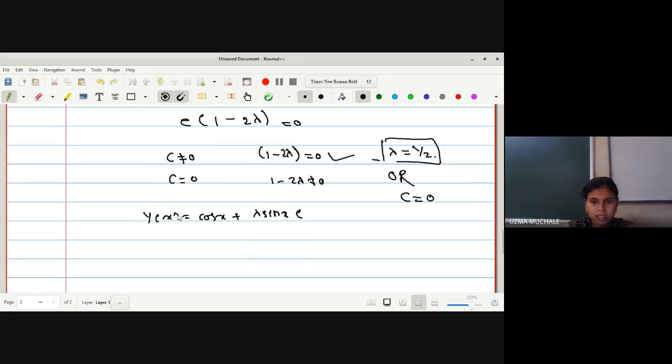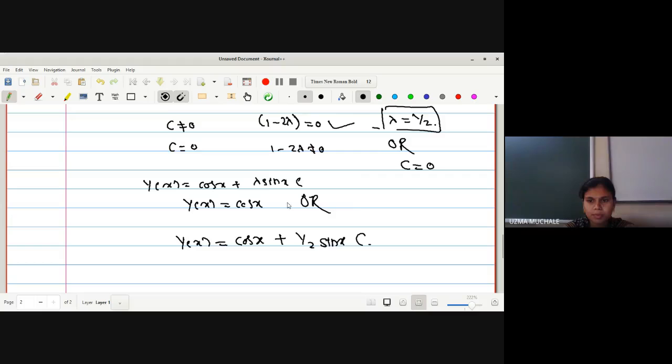In this equation, if I put c equal to 0, we get the result y of x is equal to cos x. Or in another way, I can put the value of lambda as half and c as non-zero. We get the corresponding function as cos x plus lambda, which is 1 by 2, sin x and some constant c.